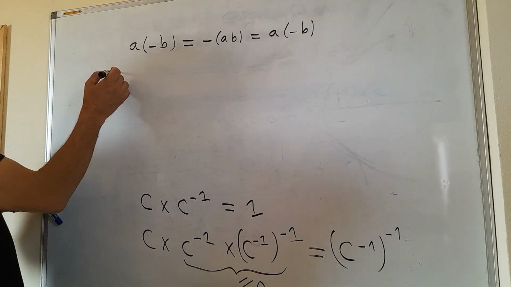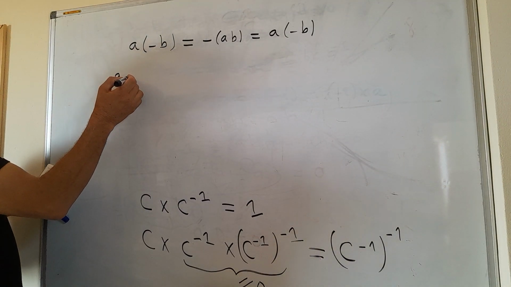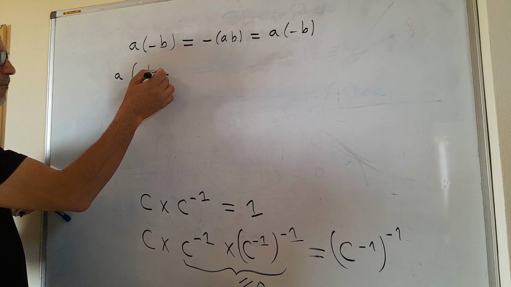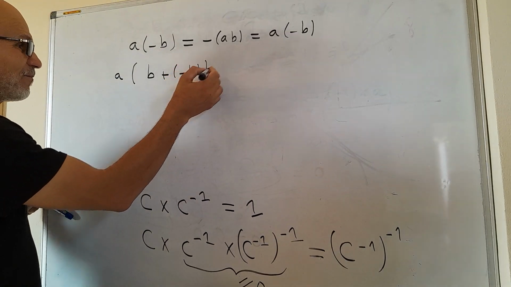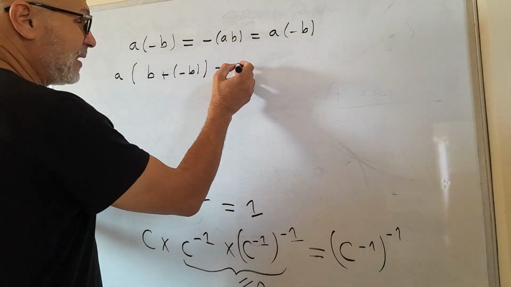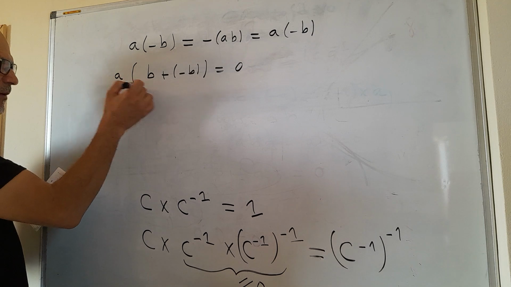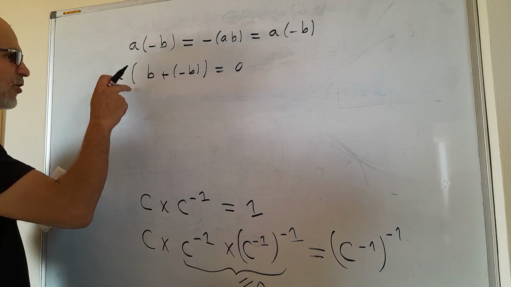What we have: a times b plus minus b is equal to 0, and at the same time we can use the distributive axiom of the multiplication on the addition.